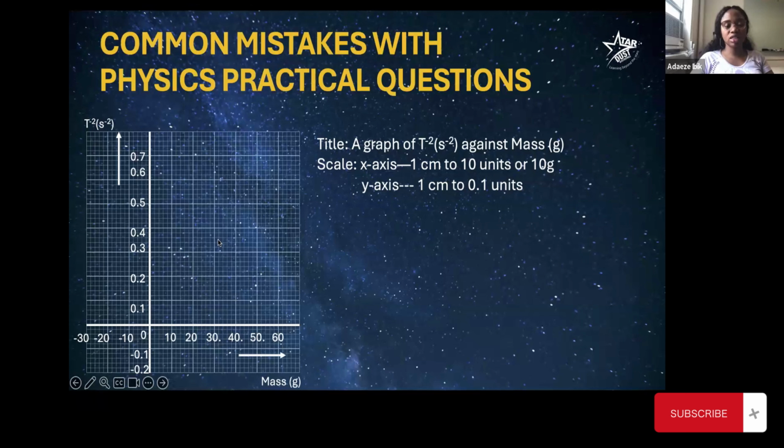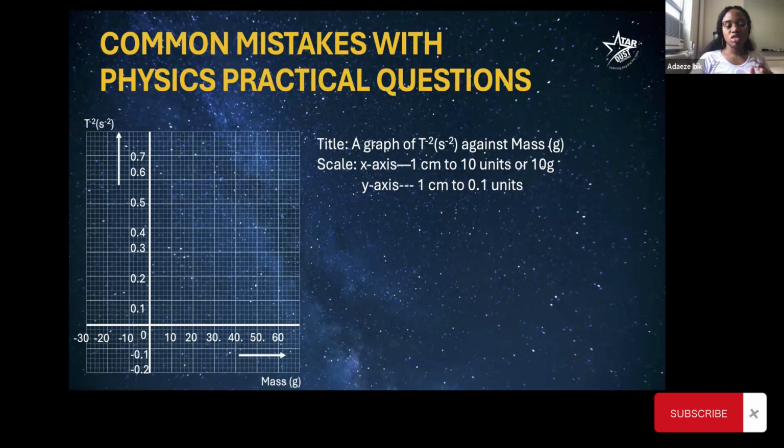That's 1 point. The labeling of the axis has its own mark, each of them. Then the proper representation or calibration of your graph also has its mark. So here you have 1 cm to 10 units, right? And there is a 0 origin here for the x-axis, and also a 0 origin for the y-axis. Now this is another useful point.